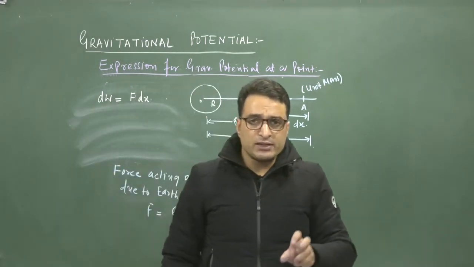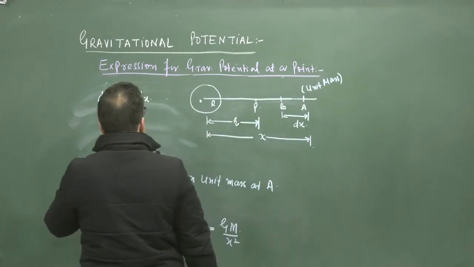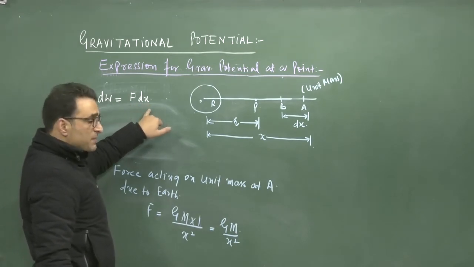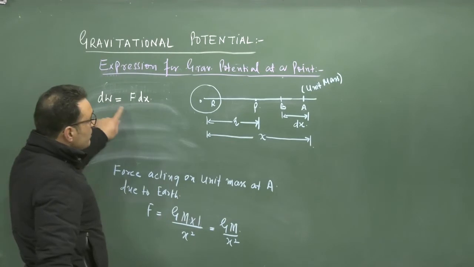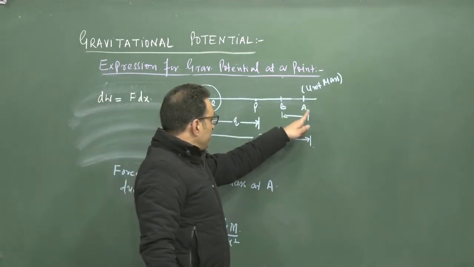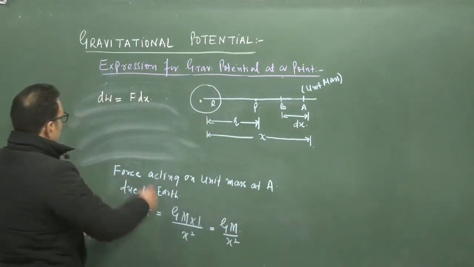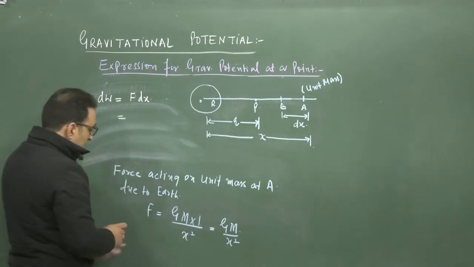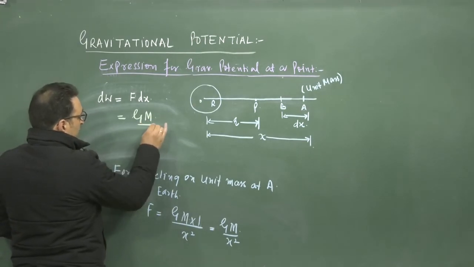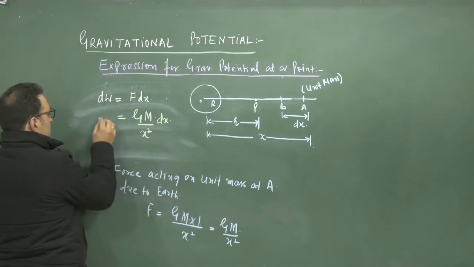Since F and dx are in the same direction, the angle between these two will be 0 and cos 0 is 1. Therefore simply we write dW equals F times dx. Now this is a small amount of work done in order to bring a body of unit mass from point A to point B through a small distance dx. Now replacing F by GM by x square into dx. This is dW.